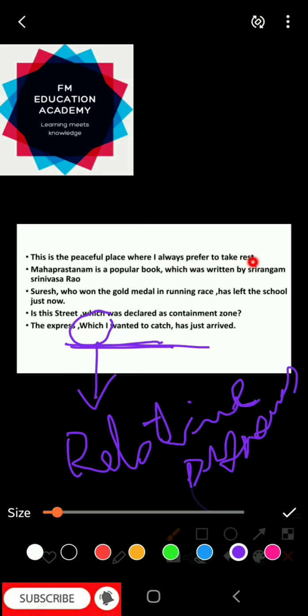So here we are using which. The express which I wanted to catch has just arrived. Since I can just say the express has just arrived, but since it is asking me for the blank, I am filling it with which I wanted to catch. And since I have the express which, I should write a comma here and I should write a comma afterwards. So that is why it is a non-defining relative clause.